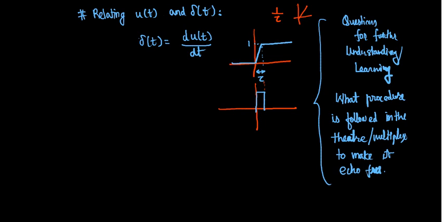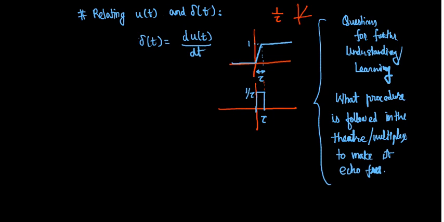This tau is this tau. If tau tends to 0, that turns out to be an ideal unit step function, and this appears to be an impulse function.